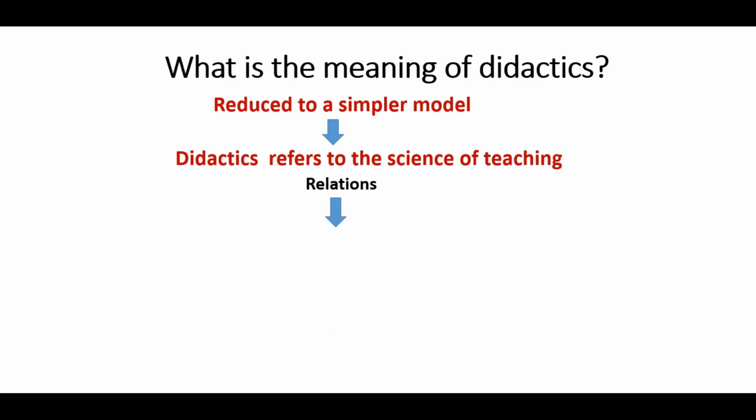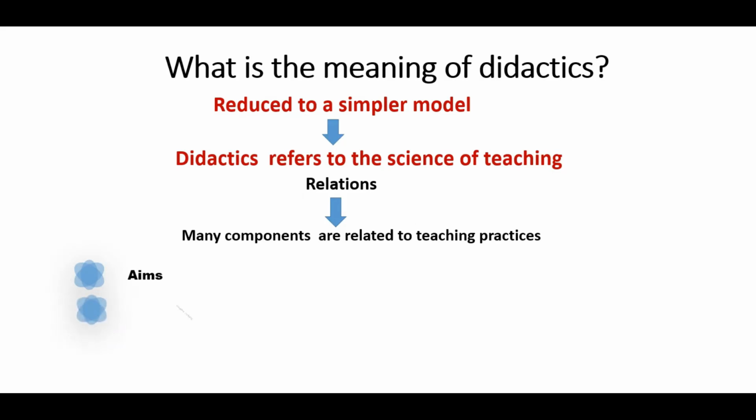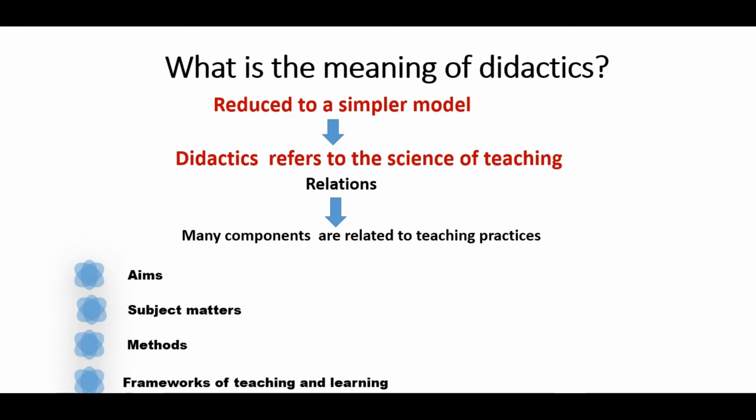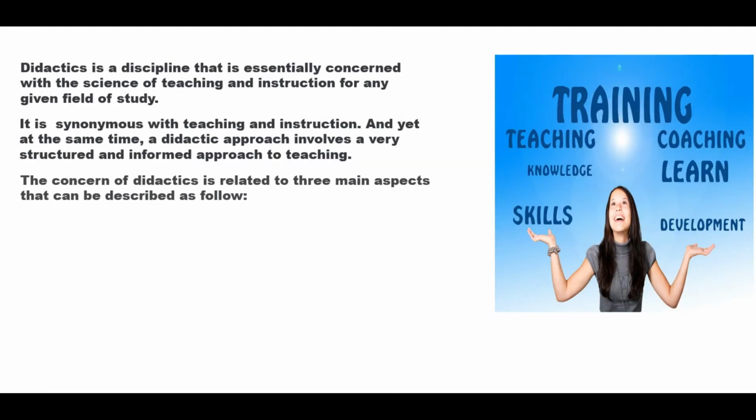Following these definitions, the term didactics may be reduced to a simpler model. Didactics refers to the science of teaching. So, under this umbrella, many components are related to teaching practices, aims, subject matters, methods, frameworks of teaching and learning. Didactics is a discipline that is essentially concerned with the science of teaching and instruction for any given field of study.